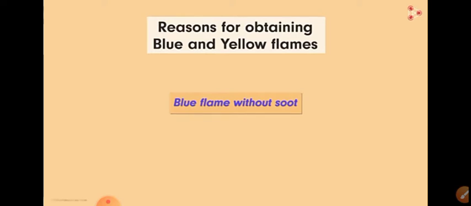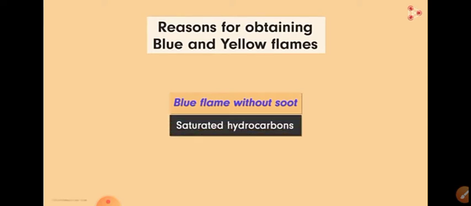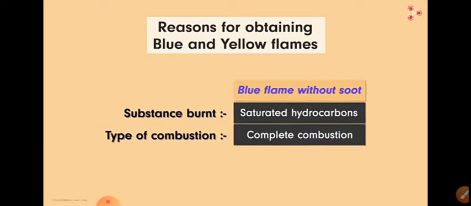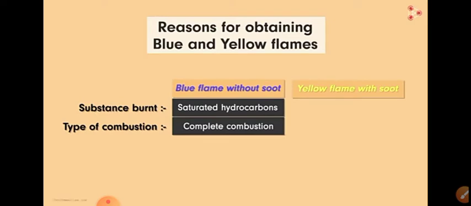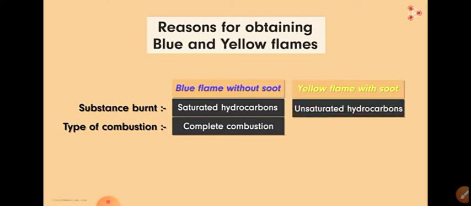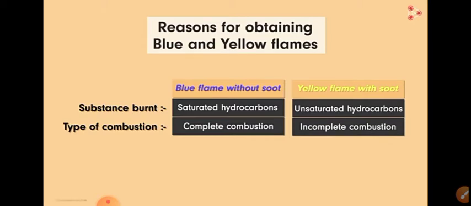Blue flame without soot, and we can say it is from saturated hydrocarbons. The type of combustion is complete combustion. And yellow flame with soot, the substance is unsaturated hydrocarbons, and the type of combustion is incomplete combustion. This is a part of extra knowledge for you.